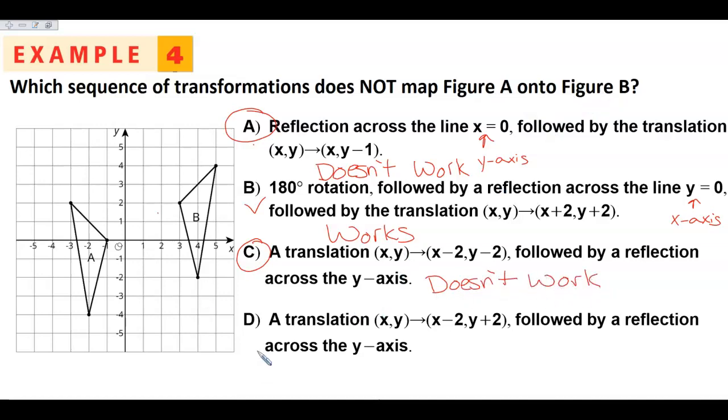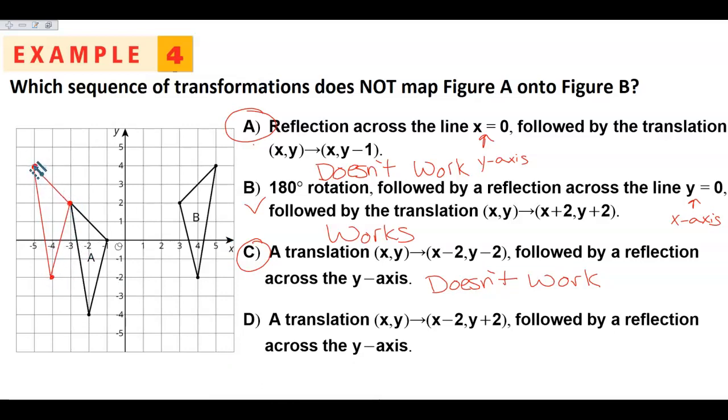And then we're going to look and see whether or not this last one works. All right? So we're going to start with a translation of -2 and +2. So I'm going to take this point left 2, then up 2. Take this point left 2 and up 2. And this point left 2 and up 2. Okay, so then we're going to draw that one in.